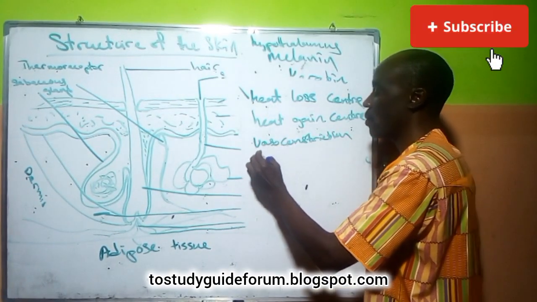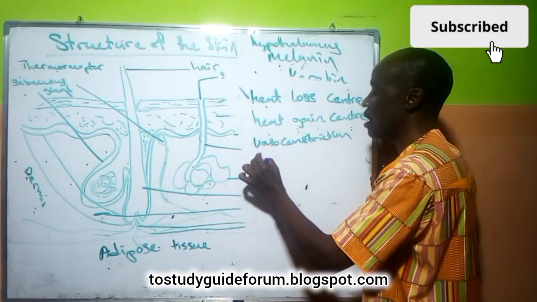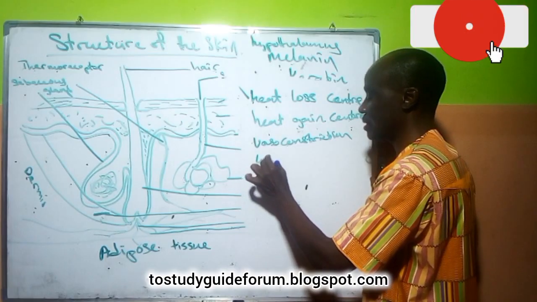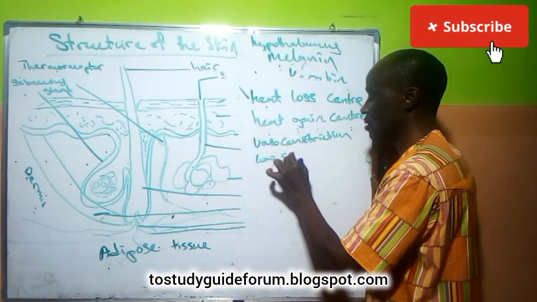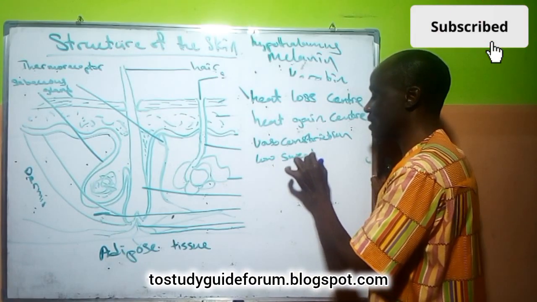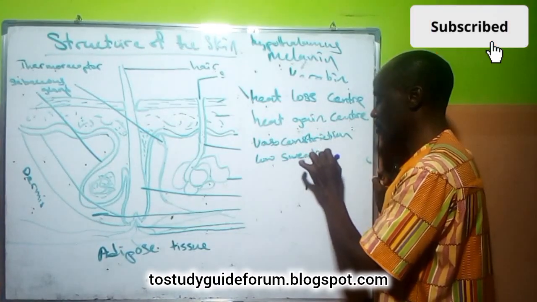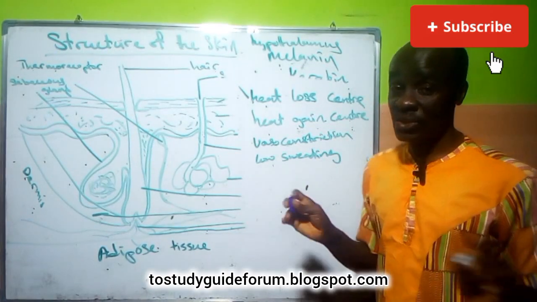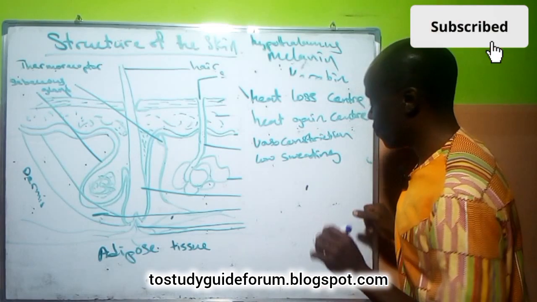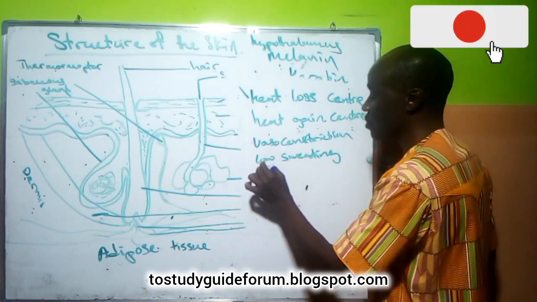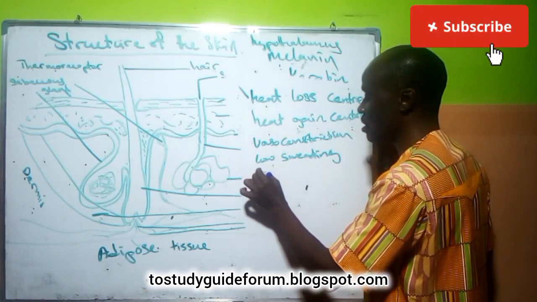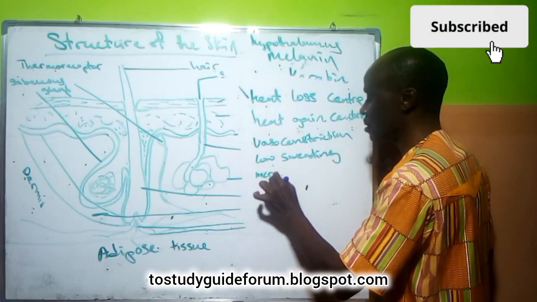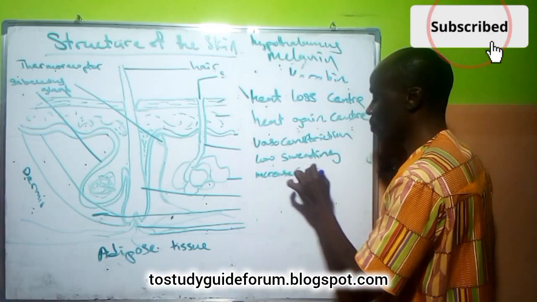will occur. We also have low sweating. Let me use that word, low sweating, or sweating will stop entirely. The sweating can stop entirely because of this process. So the next one we have is an increase in what?